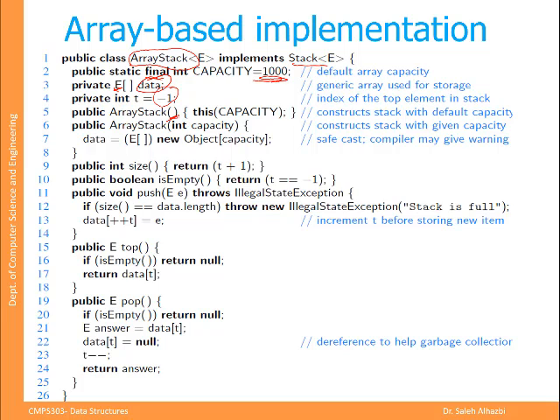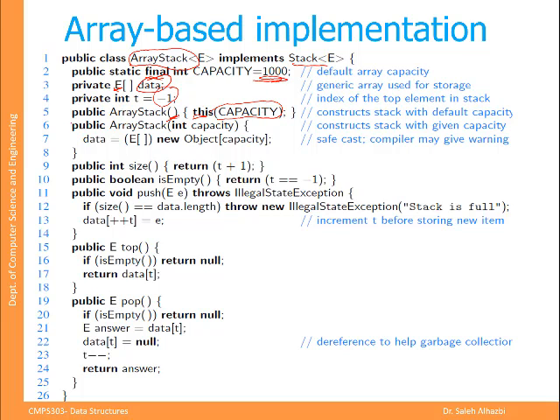If the user who uses our implementation creates a stack using this constructor, what will happen? Here we have this. The word this here means it will call another constructor that has one parameter, and it will pass the capacity variable, which is 1000.